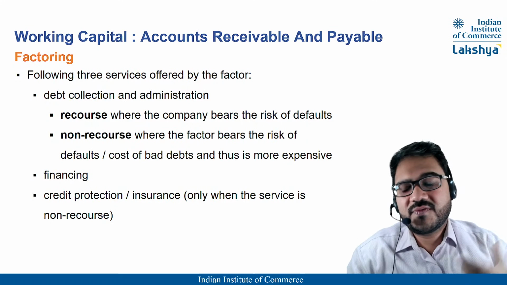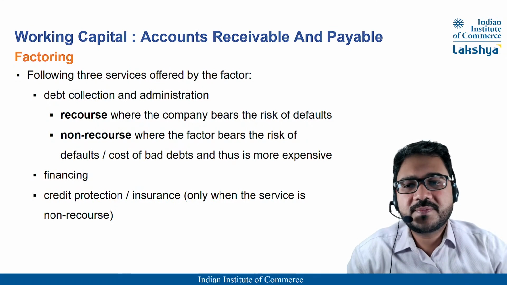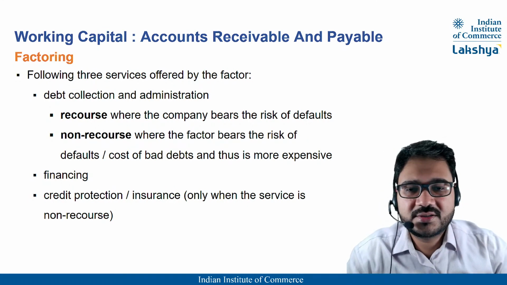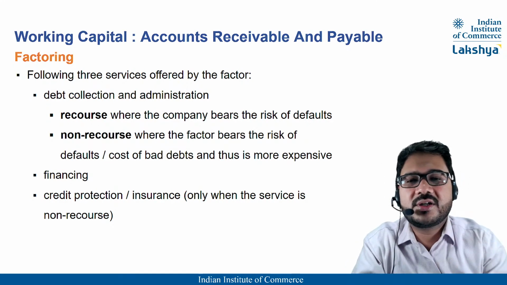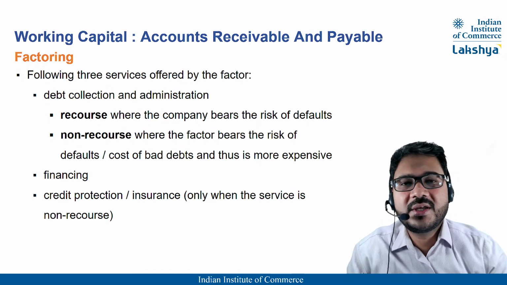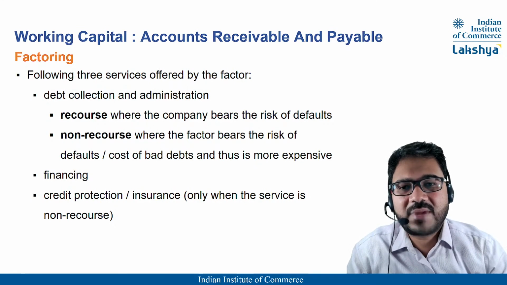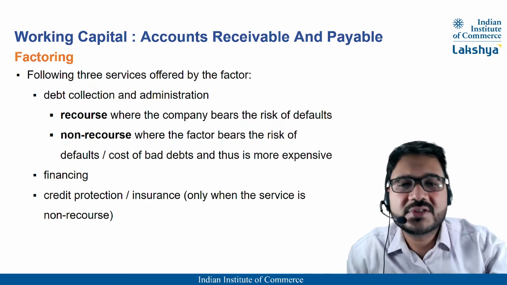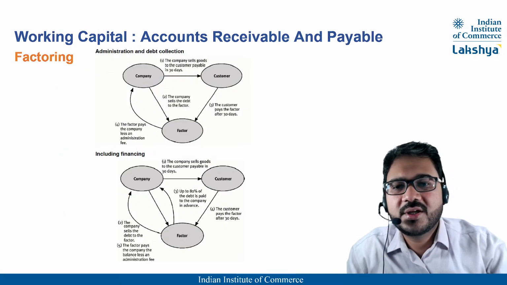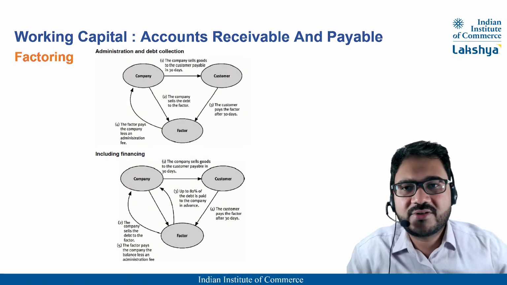If it is a non-recourse service that you are opting for, then you are kind of getting insurance from bad debts, because bad debts are no longer your responsibility. It is the responsibility of the factoring agent. So you kind of get indemnity from bad debts. It's a credit protection or an insurance only when the service is non-recourse. So this is how factoring works.